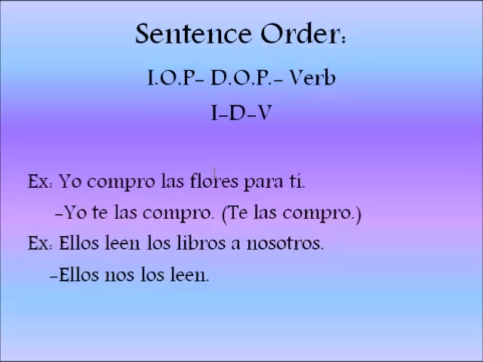So the flowers would be replaced with either me, te, lo, la, nos, los, or las. And for las flores, since it's feminine and plural, it would be replaced by las. So then we put las there, and then we put our verb. So yo te las compro would be I buy them for you.